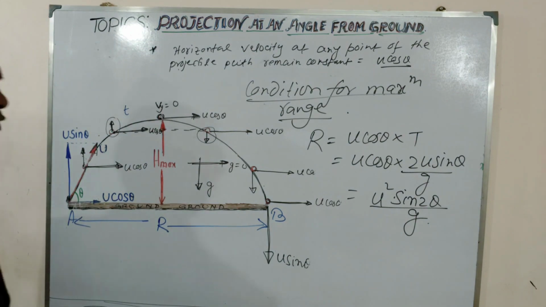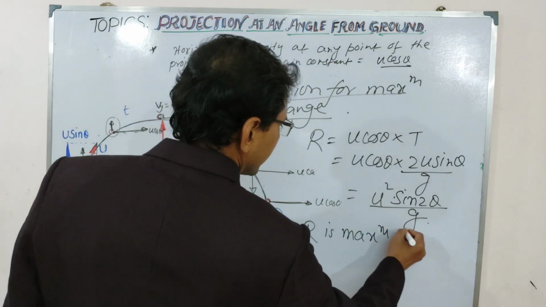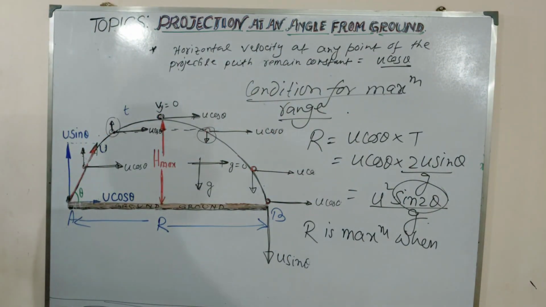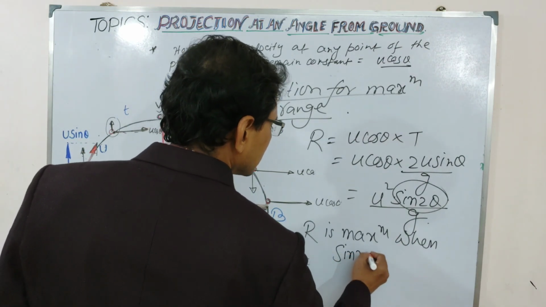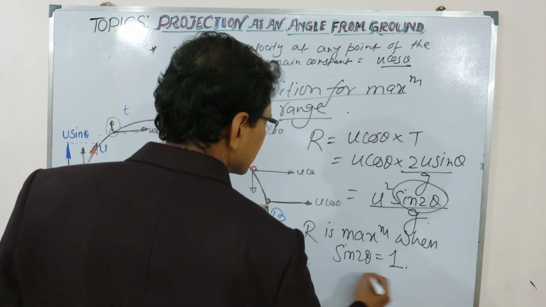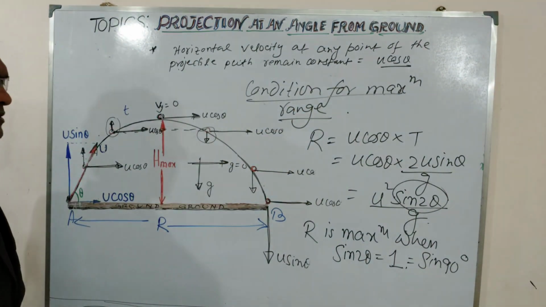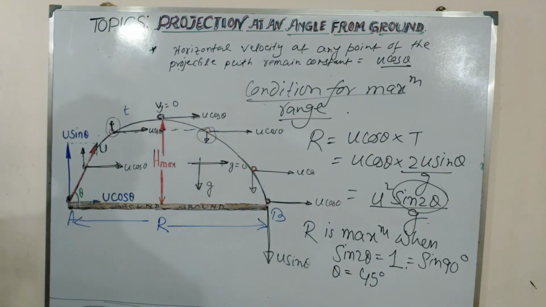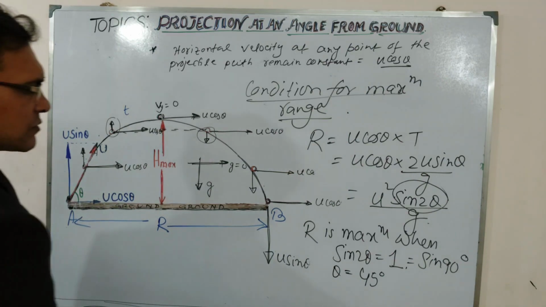So range is maximum when sin 2 theta, maximum value of sin 2 theta is 1. So range is maximum when sin 2 theta equal to 1, that is 1 is sin 90 degree. Okay, so theta equal to 45 degree. So when we project any object at an angle 45 degree, the range is maximum.